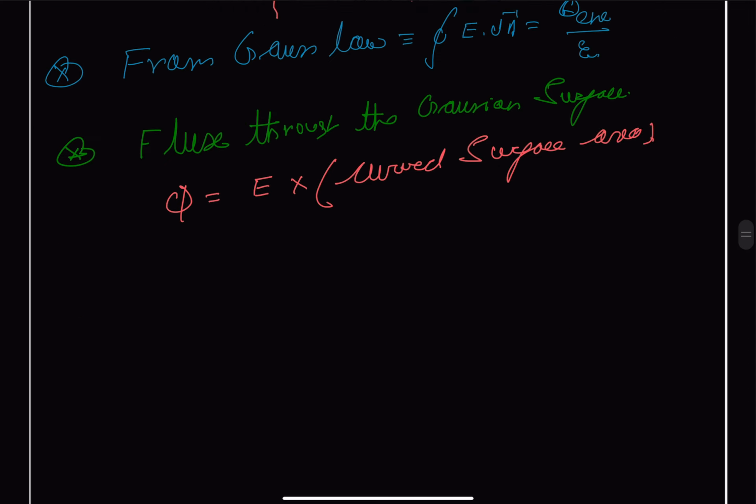So we substitute the value, we get electric field times 2 pi x times h.